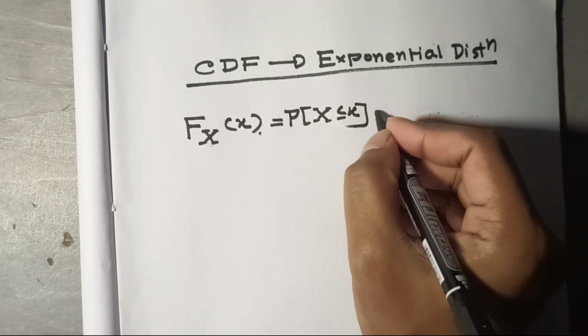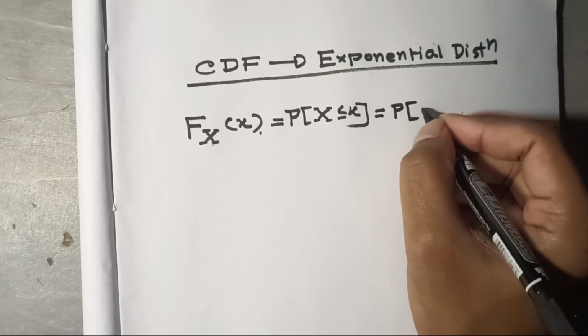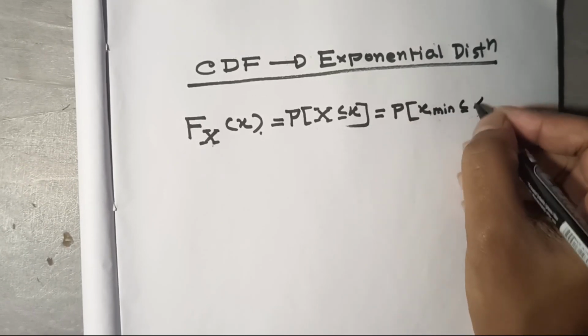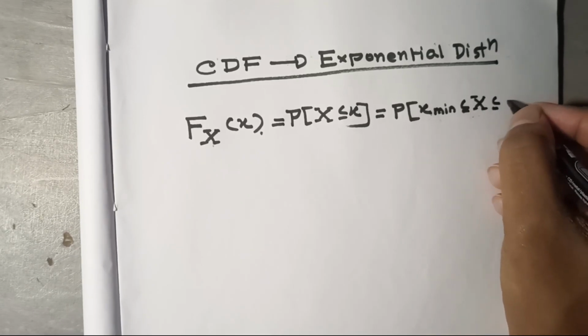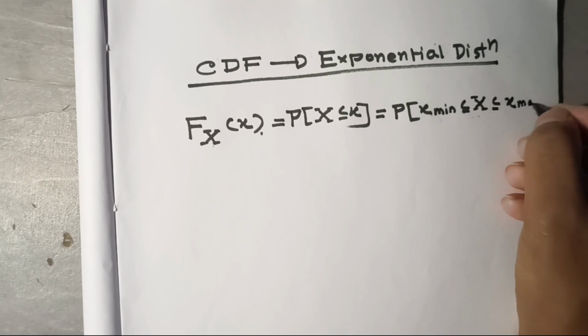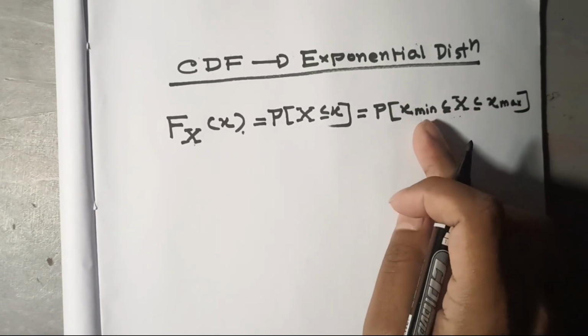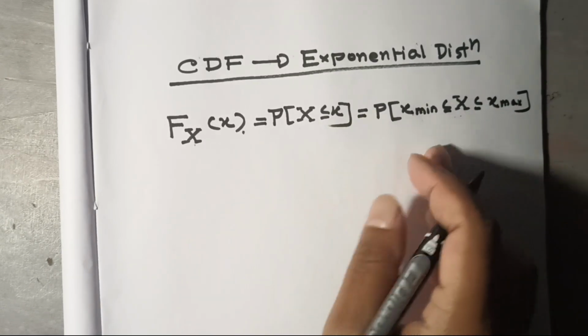You can also write it as the probability of x minimum less than capital X less than or equal to small x maximum. So this is the range of minimum observation and maximum observation, and it is actually the CDF.